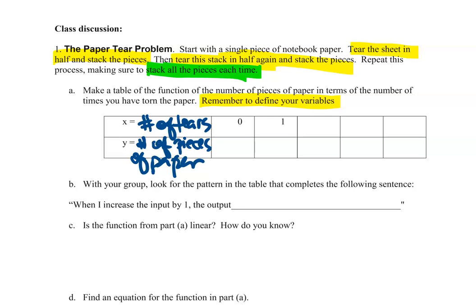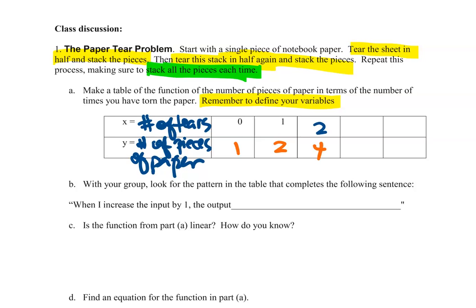So at the beginning, we started with one paper, and when you tear it in half, how many pieces of paper do you have? Yes, you have 2. Then when you stack the pieces and tear in half again, how many pieces now?